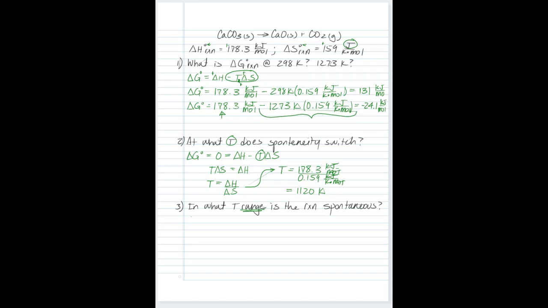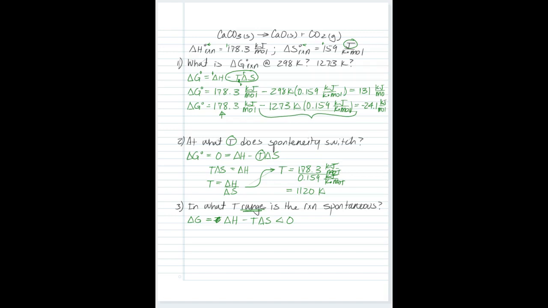Delta G, we're going to use our equation again, equals delta H minus T delta S. This time we want delta G to be less than 0 because we want delta G to be negative. So we're not going to use an equal sign, we're going to use this inequality sign. We're going to carry that inequality sign throughout this calculation.